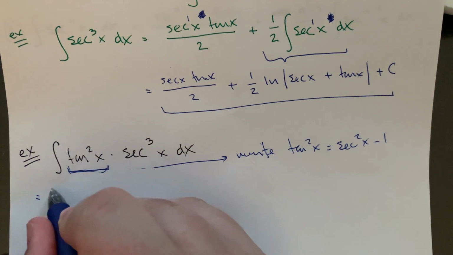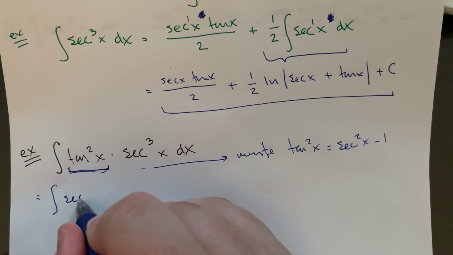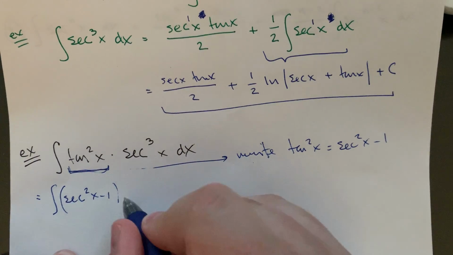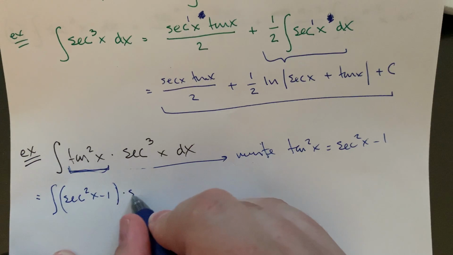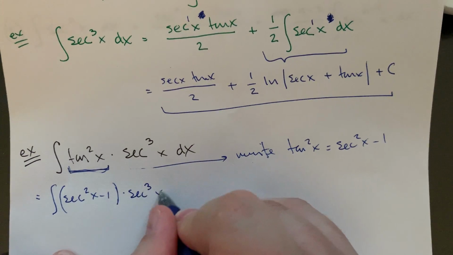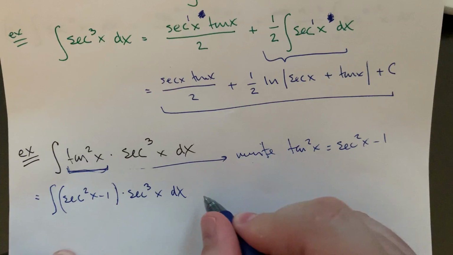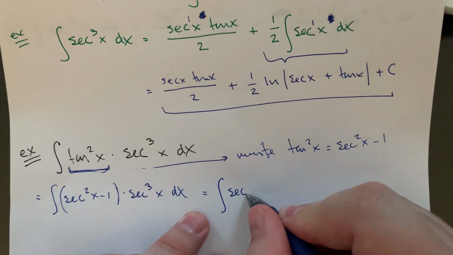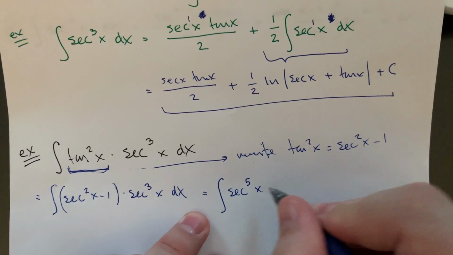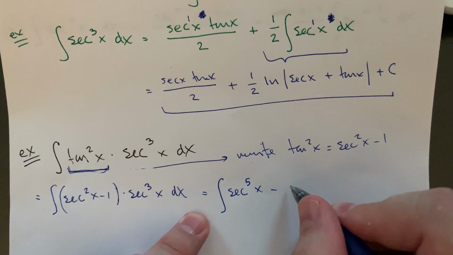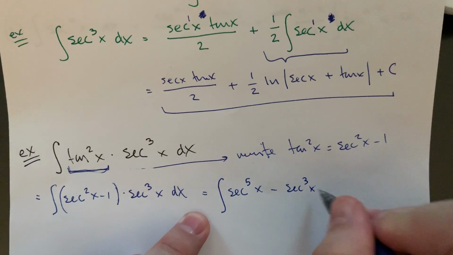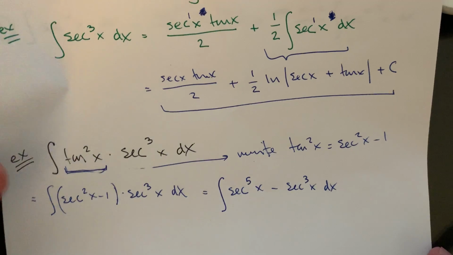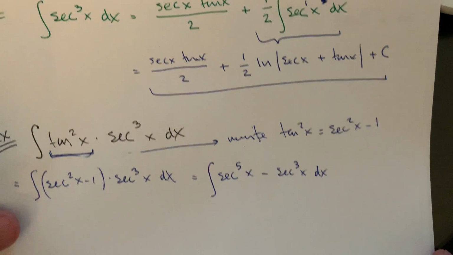So then this integral becomes secant squared x minus 1 times secant cubed x dx. So then this is really the integral of secant to the 5x minus secant cubed x dx.